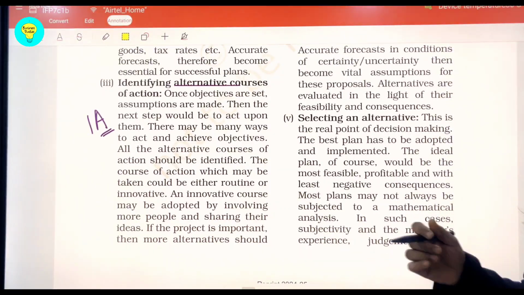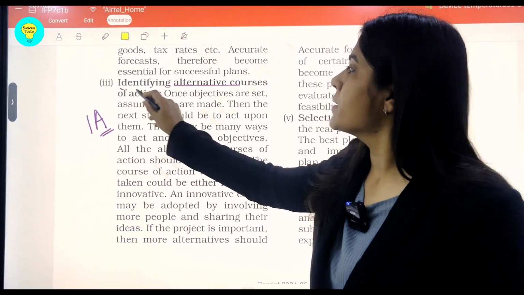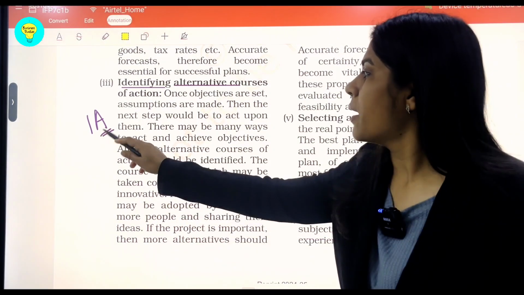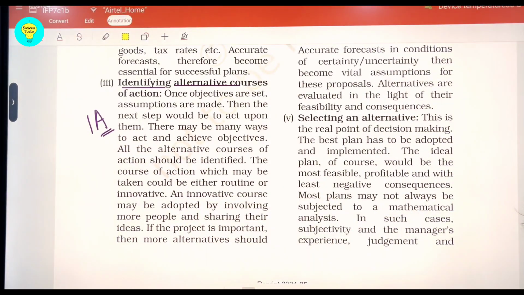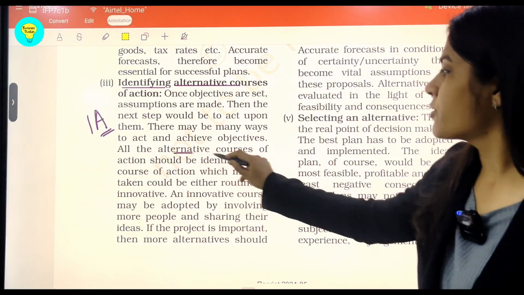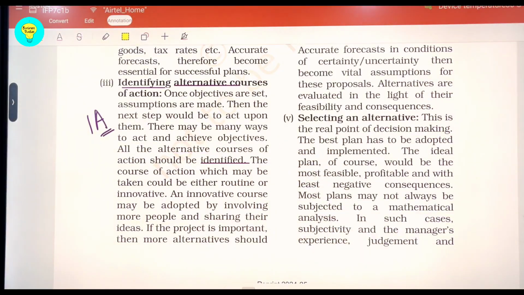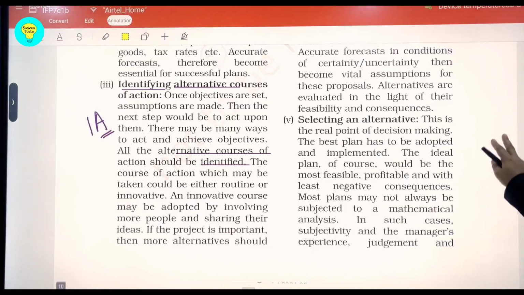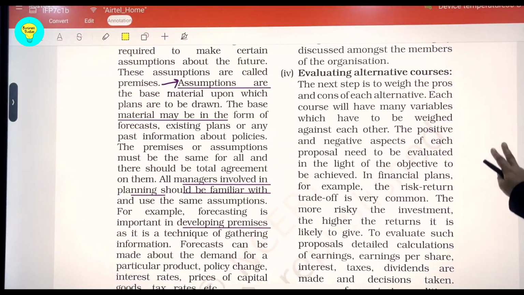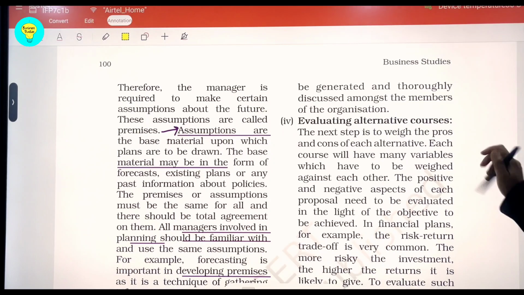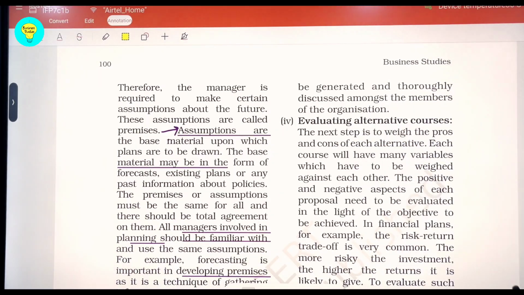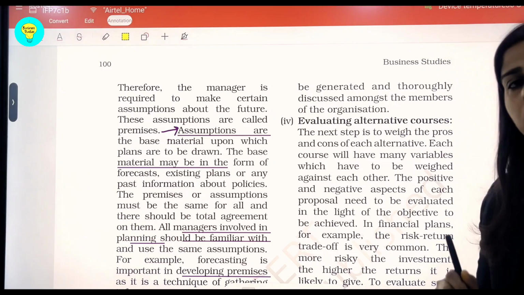So identifying those options or alternatives is the first and foremost task, and that is why we have taken these letters IA, where you identify the alternative courses of action that are available. Option 1, option 2, option 3. Like this we see all the options and we write them clearly down on a piece of paper while doing this mental exercise called planning.